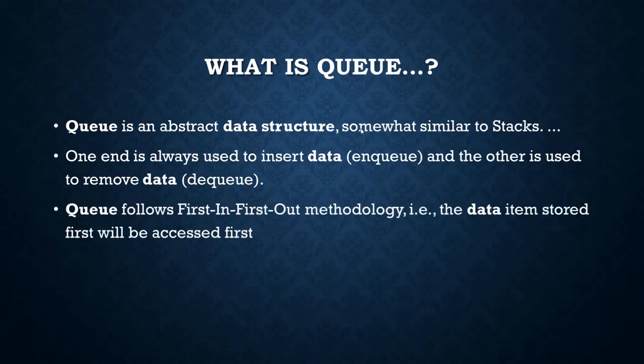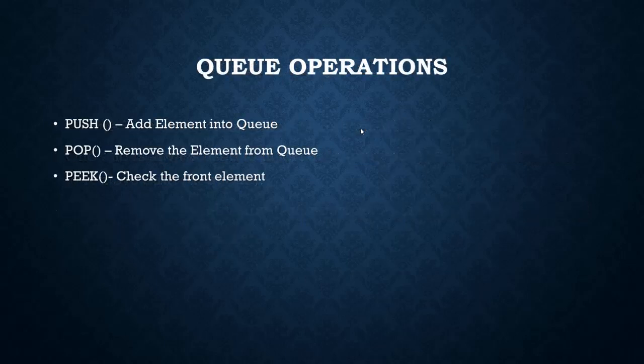In a queue we have several operations. First one, push, that means adding an element into the queue. Pop, removing an element from the queue. Peek, check the front element. This is almost the same as stack operations, but what happens inside is different.